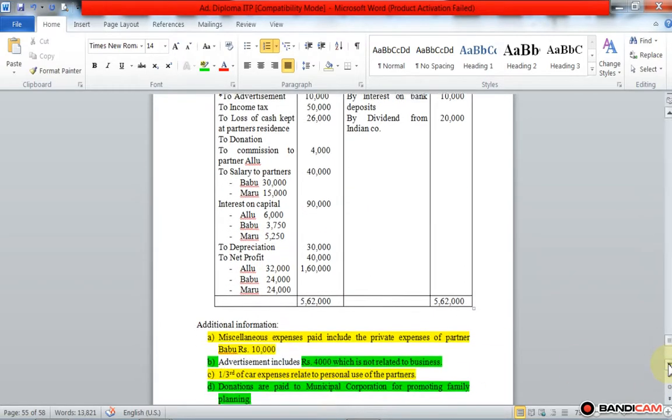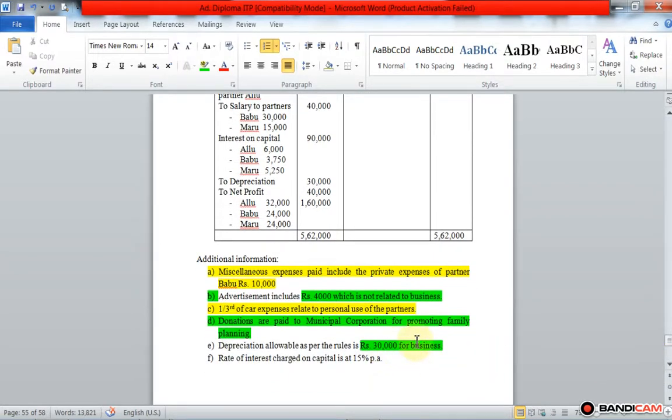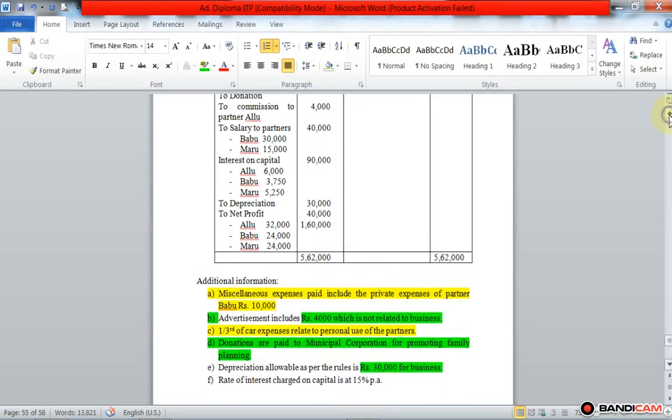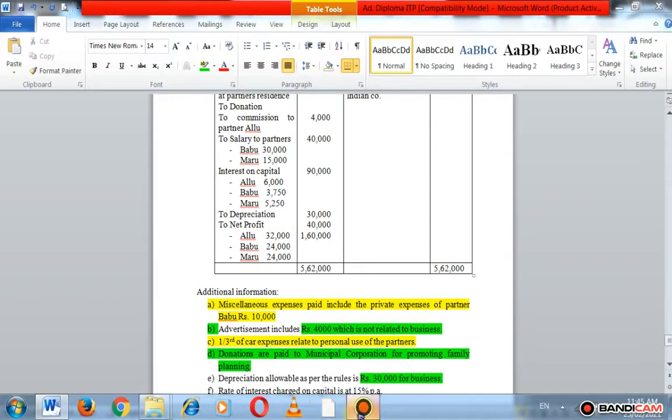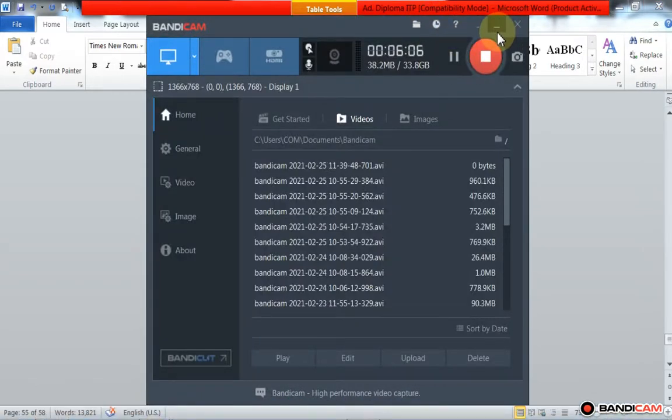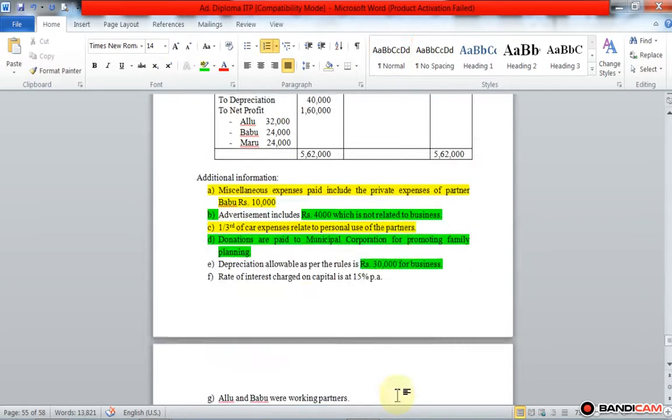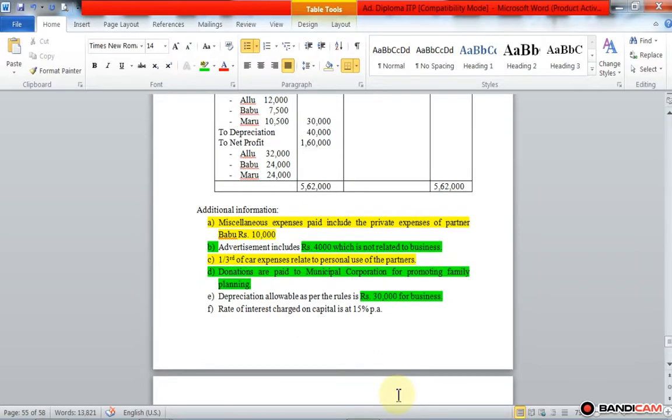Here allowable depreciation as per income tax rule is rupees 30,000, and depreciation charged on the debit side of the profit and loss account is rupees 40,000.